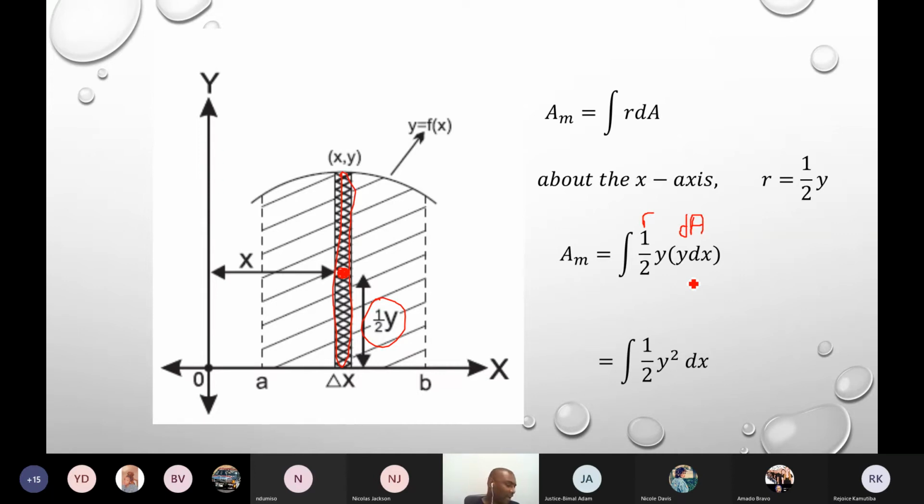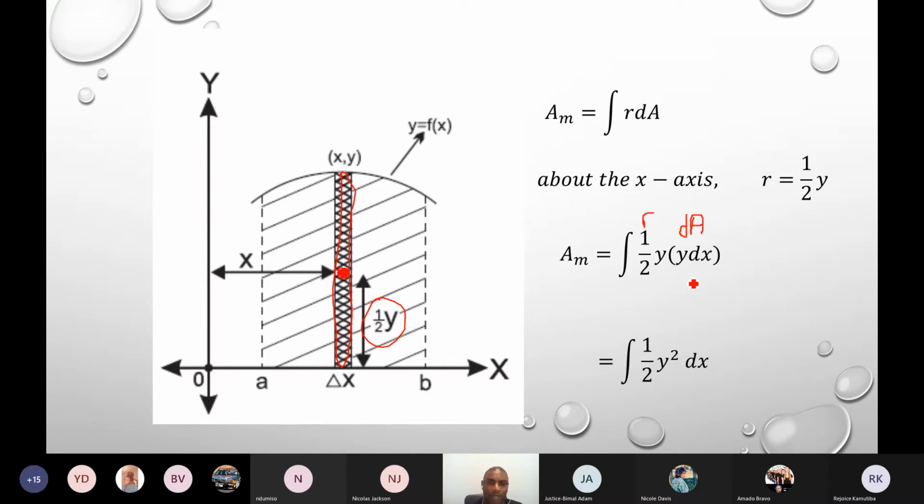Okay, so I've just shown you ways to calculate area moment about the y-axis and area moment about the x-axis when your limits are in the x. Remember the first two that I've shown you, and remember what I explained.